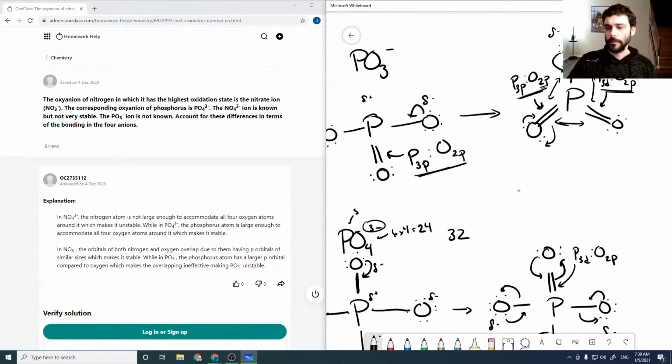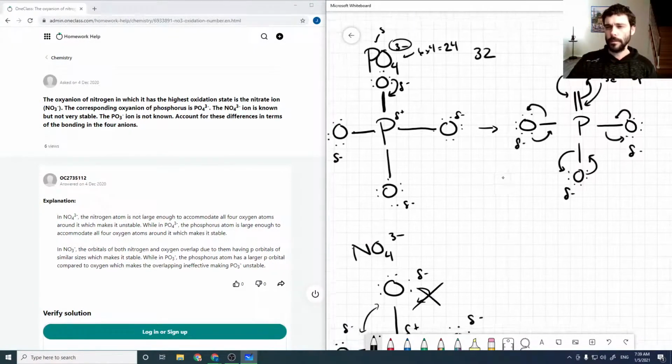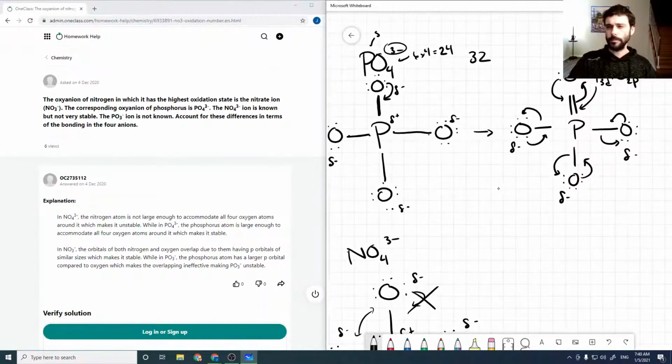In the case of PO4 3-, the ability to become hypervalent allows for, even though the double bond might be weak, heavy delocalization of charge across the structure.